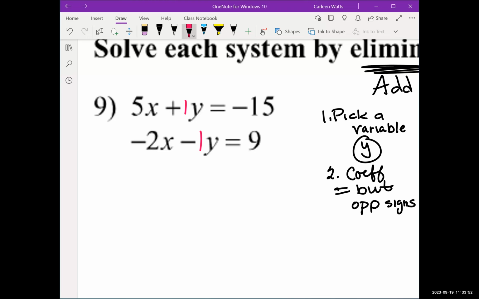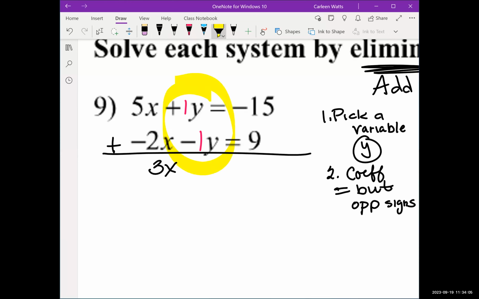So if I add equals with equals, I can now add down. 5x plus -2x is 3x. What is 1y plus -y? Ding, ding, ding.